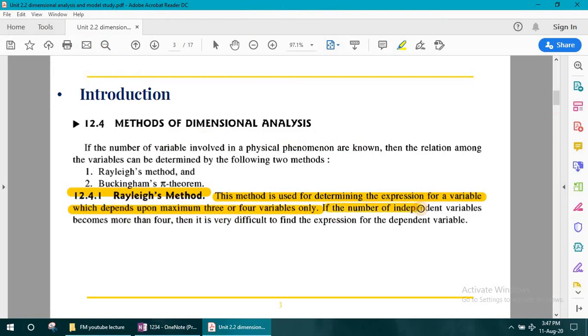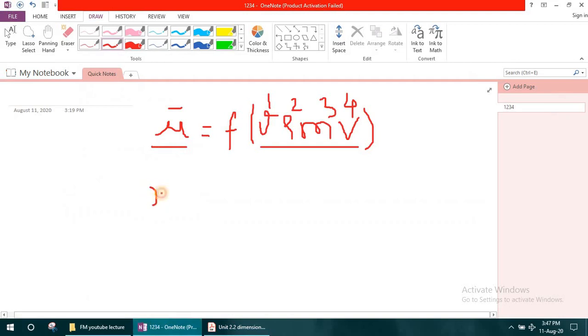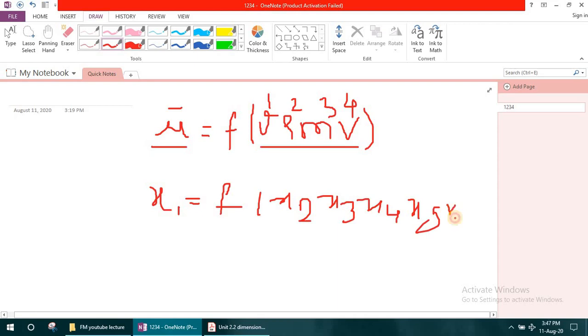If the number of independent variables becomes more than 4, it becomes very difficult to find the expression for the dependent variable. Let's consider another example. Suppose x1 is dependent on different factors like x2, x3, x4, x5, x6. So in this case, let's understand how many variables there are.